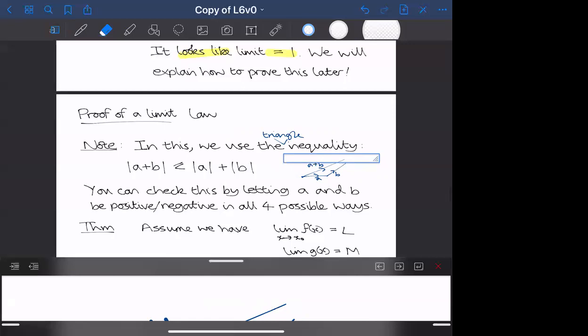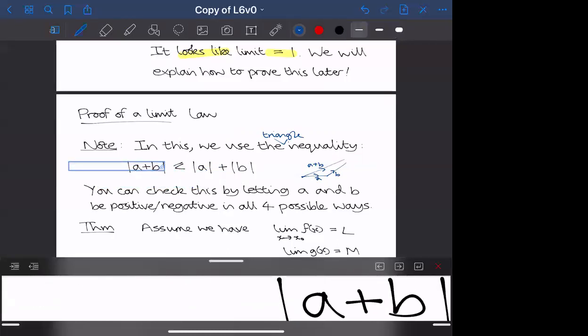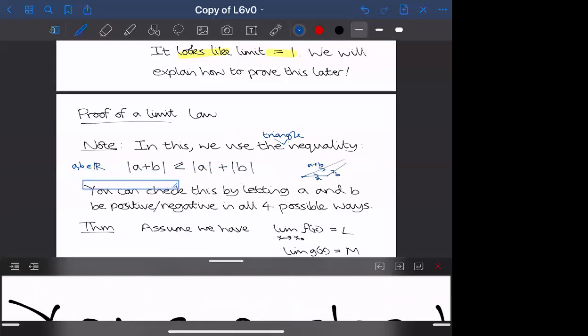And this inequality is a bit like that, except A and B are not vectors. But still, with the absolute value, we get this inequality.